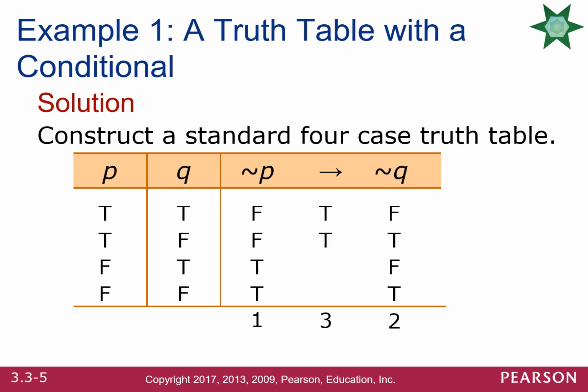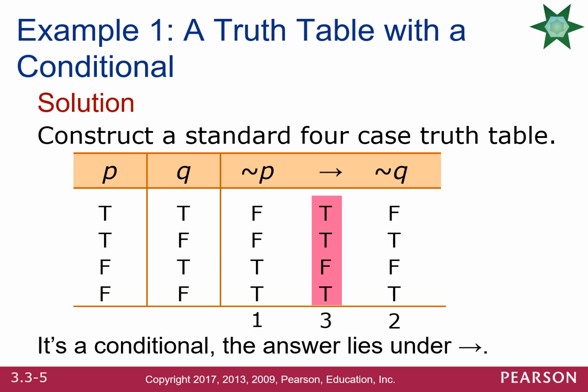So T, T, F, T. So that's the final answer. The answer lies under the arrow for the conditional, the unidirectional arrow.